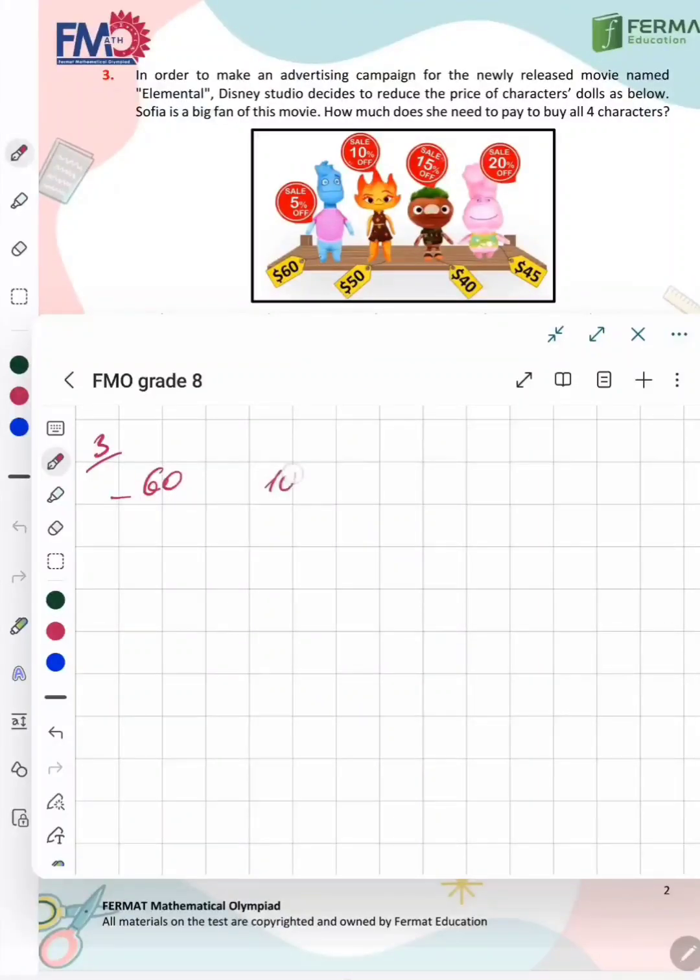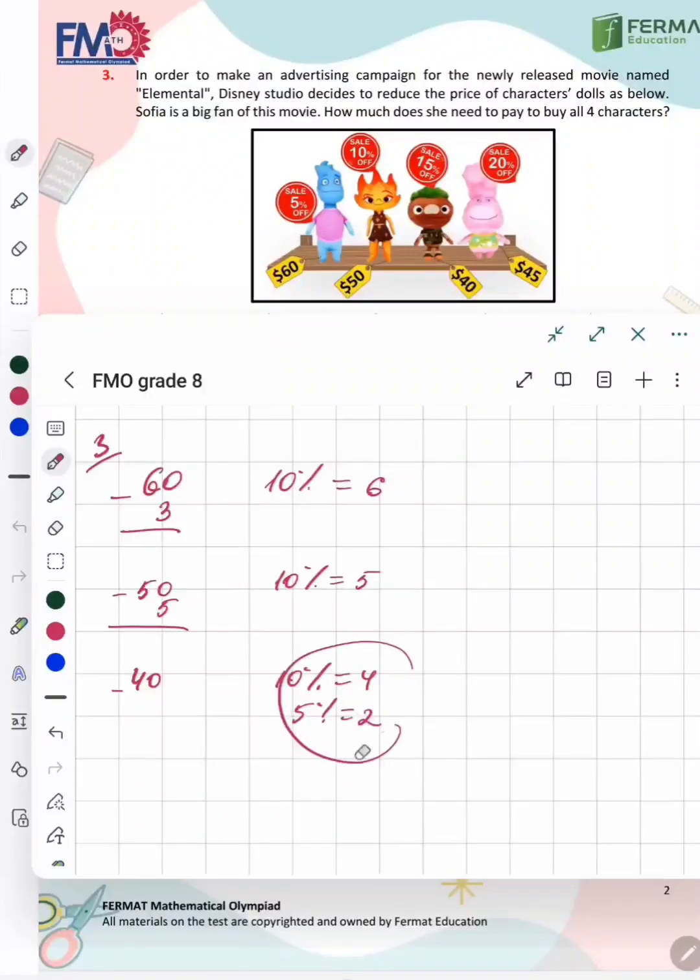We know that 10% is $6. So 5% is half, which is 3. Then $50 is reduced by 10%. 10% of 50 is 5, so it's reduced by 5. 40 is reduced by 15%, so 10% of 40 is 4. 15% will be like 10% plus 5%, 15% altogether is 6.